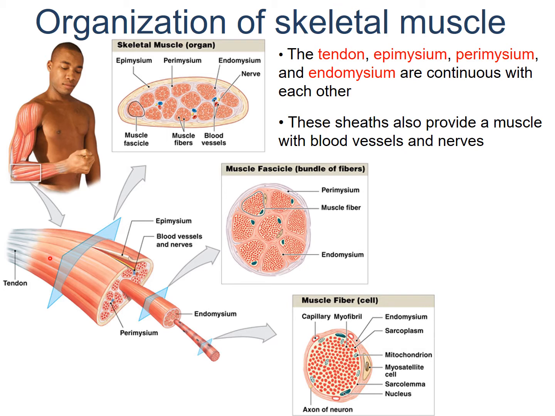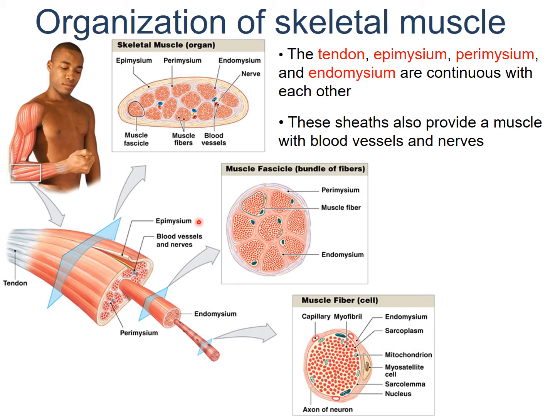So surrounding each skeletal muscle organ is a sheath of connective tissue called the epimysium. Think of it as the tendon thinning out and being continuous with a sheath of connective tissue that completely surrounds the entire muscle organ. It's going all the way around, okay? And that sheath of connective tissue that completely surrounds the muscle organ is called the epimysium.